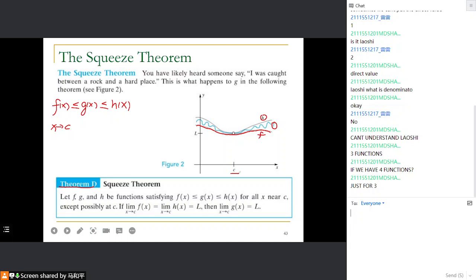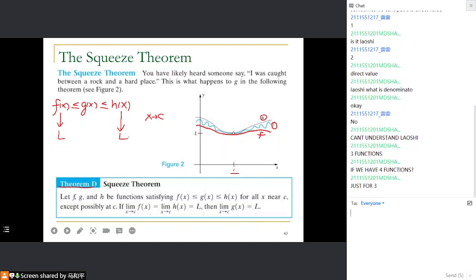We have the limit as x approaches c. We find f(x) approaches a number L, and we write it like this. As x approaches c, f(x) is near the number L, and h(x) is near the same number L. This is c.